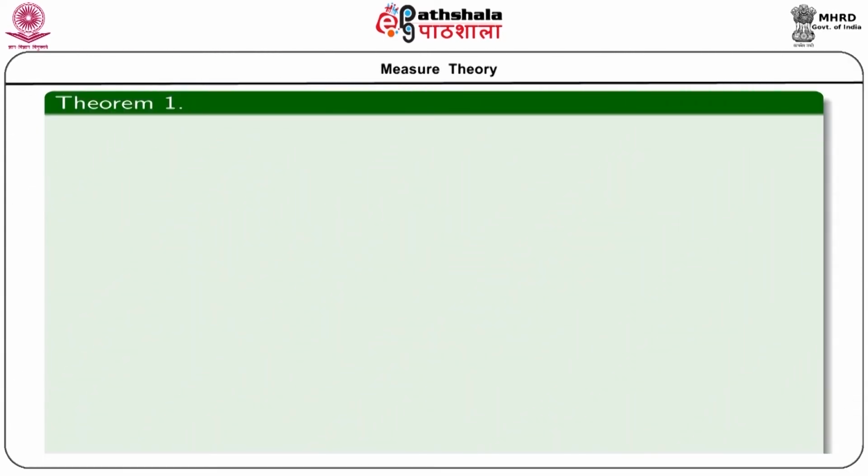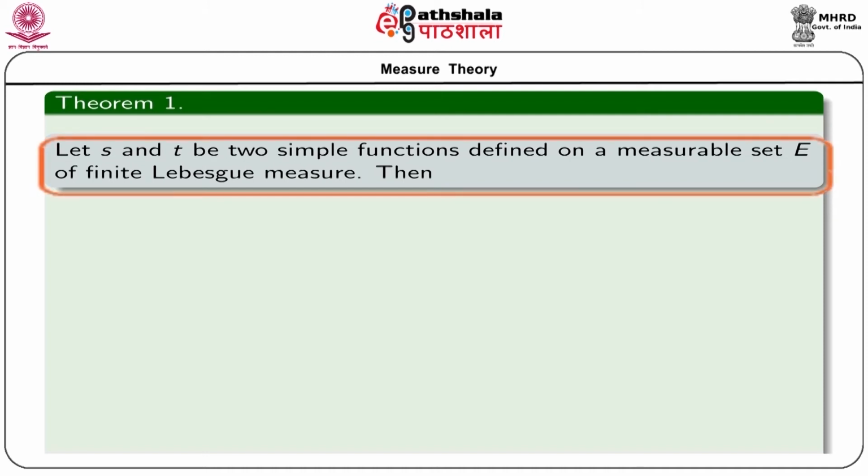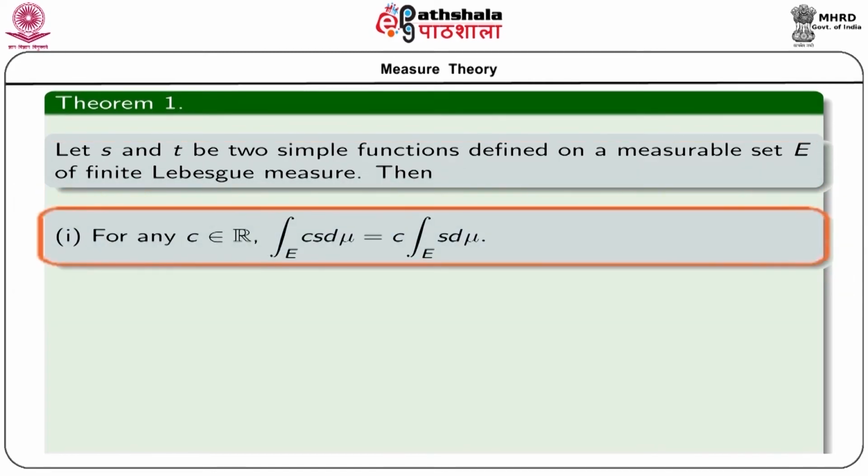We first observe some basic properties of the integrals of simple functions. Suppose S and T are two simple functions defined on a measurable set E of finite Lebesgue measure, then 1. For any real number C, the integral over E of C S d mu is equal to C times the integral over E of S d mu. 2.